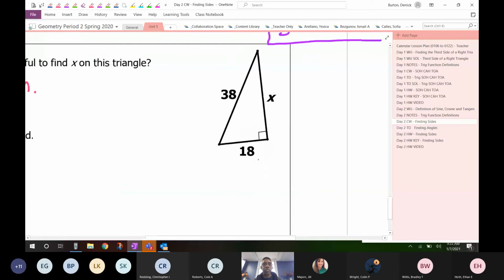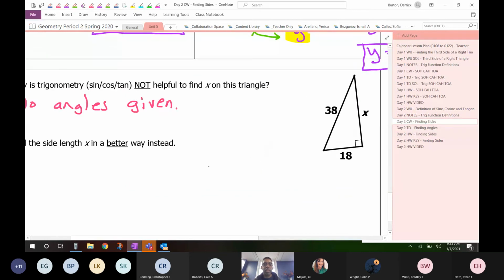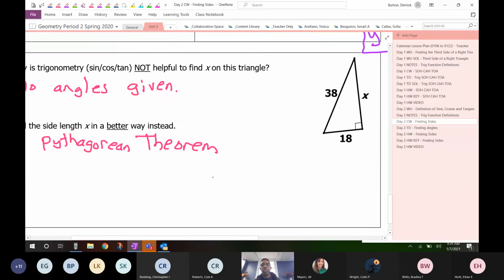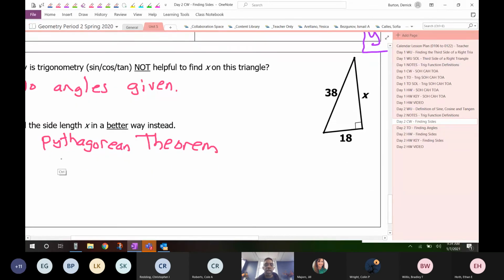So the better way to do this instead is to do the Pythagorean theorem.